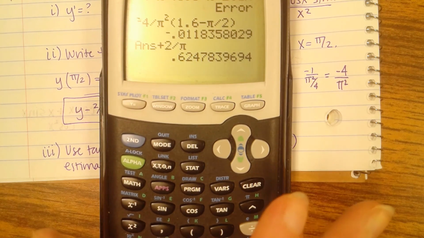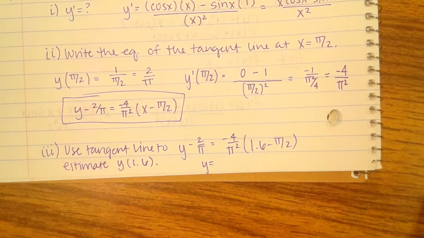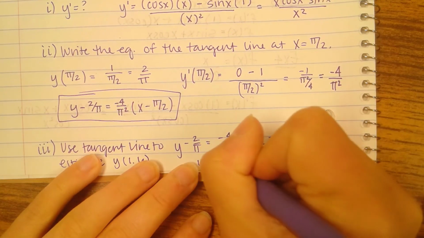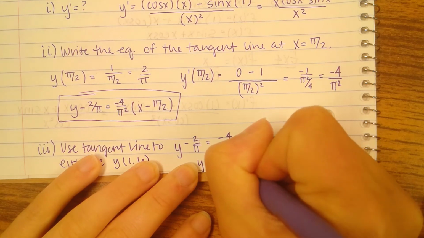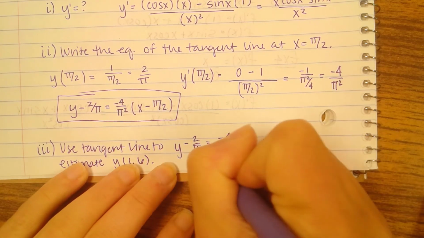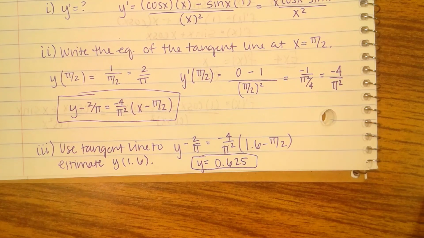In calculus and on an AP test, if you have a decimal approximation, you always want to round to 3 decimals. So our answer rounded to 3 decimals would be about 0.625. We could obviously leave it as an exact answer too, but we would have a decimal approximation, and it should be about 0.625.